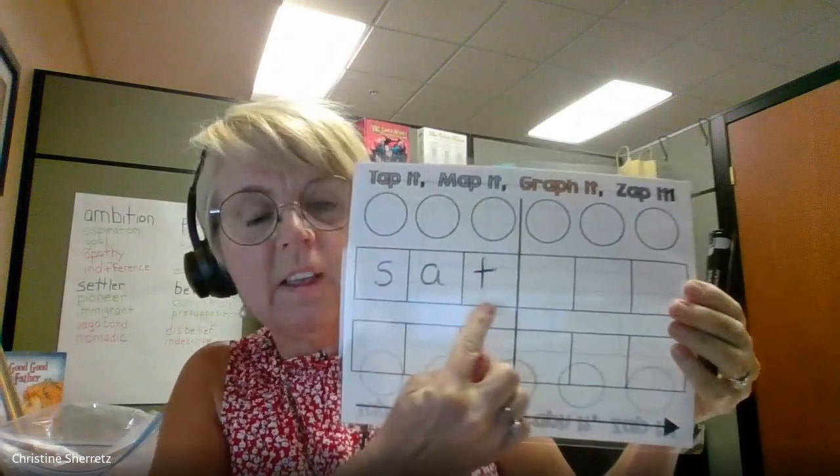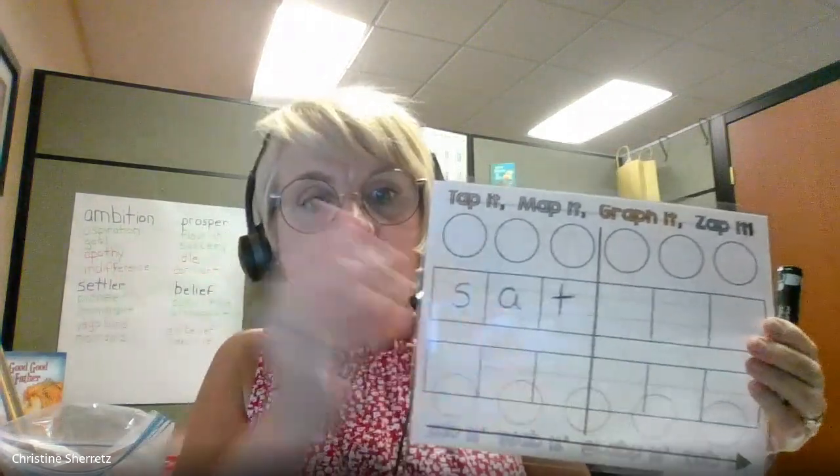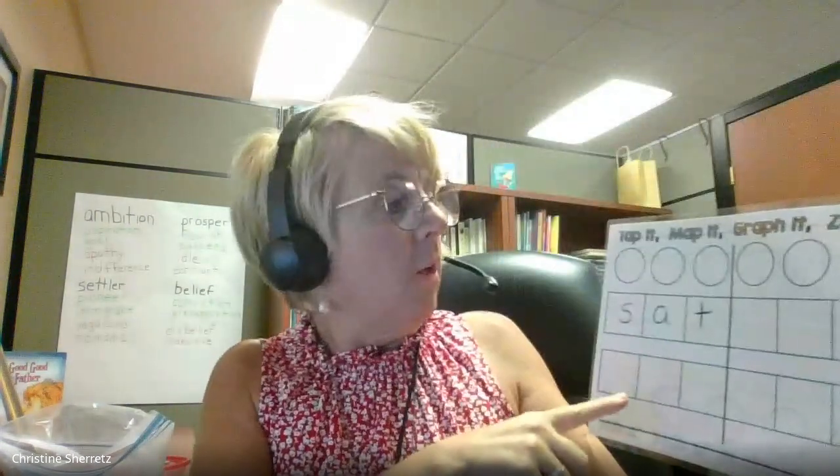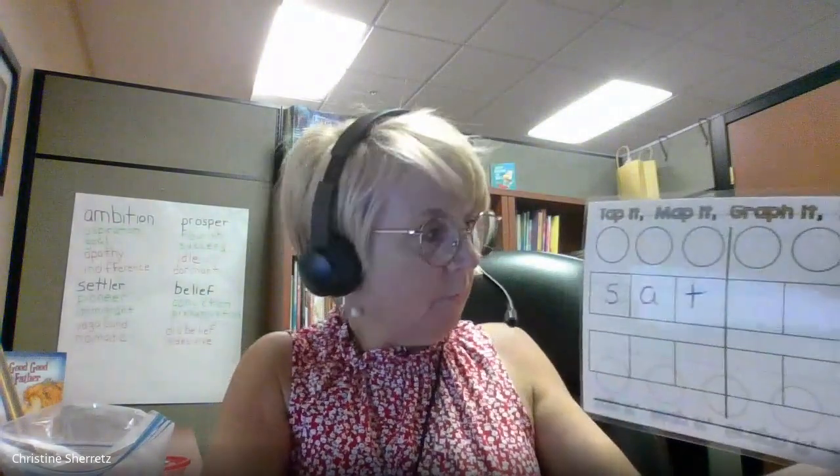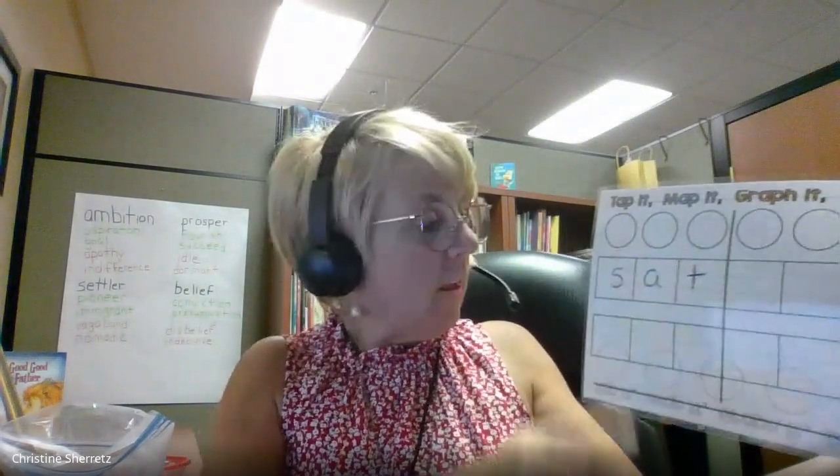Now the third thing is we're going to graph it. So you would then have the students write s, at. Write the word sat. That is graphing it. So we tapped it. We mapped it. We graphed it.